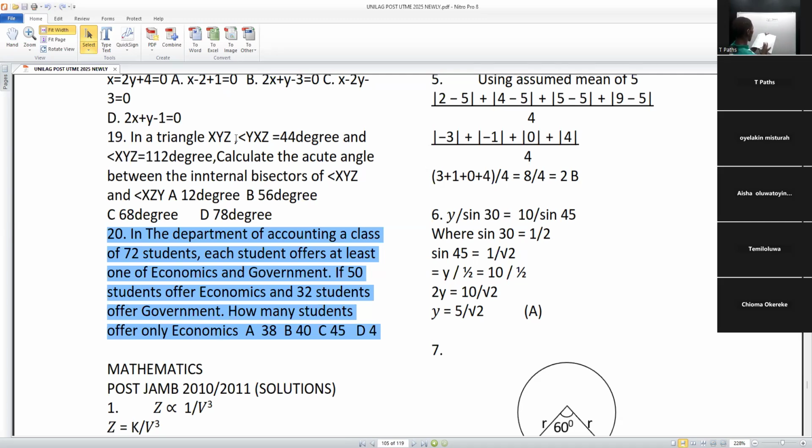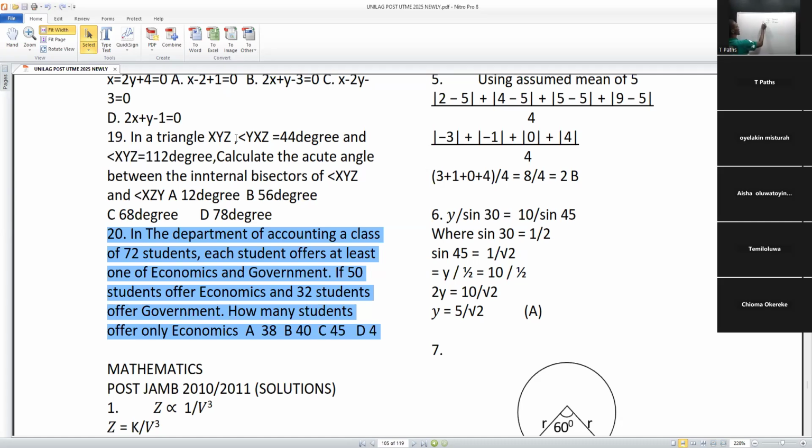Yes, sir. It says, in the Department of Accounting, a class of 72 students is given. Each student offered at least one of economics and government. That tells you that the Department of Accounting is your universal set.